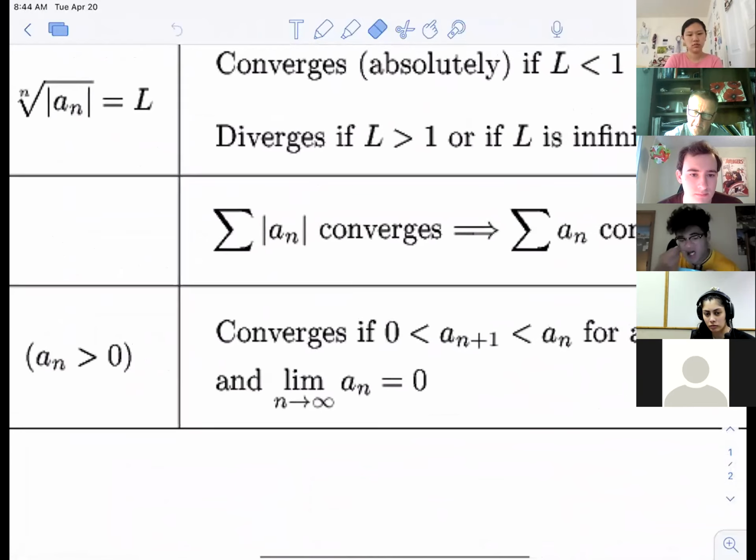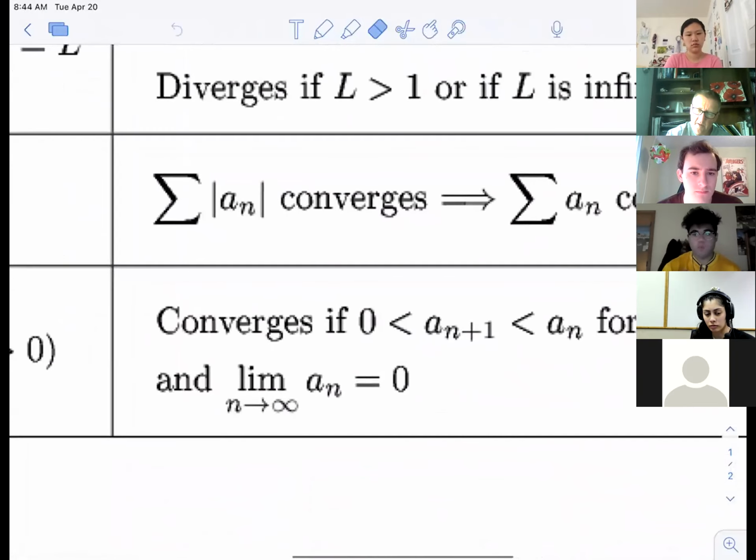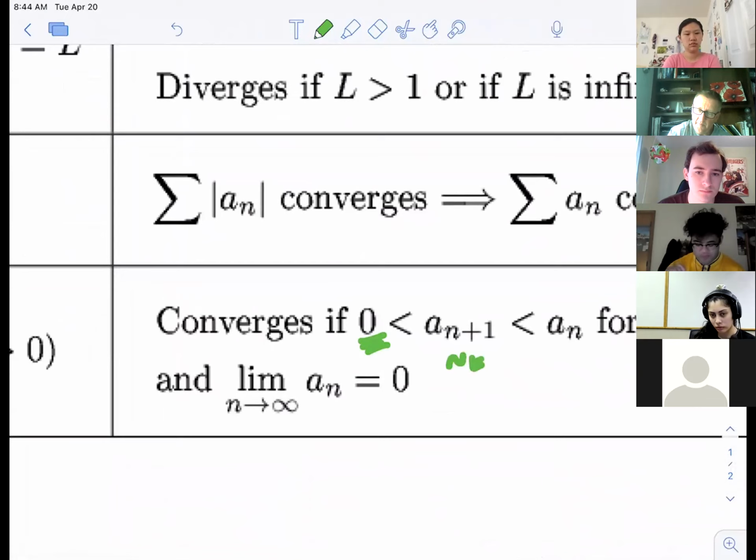Yeah, so let's take a look at this. It converges as long as all the terms are bigger than 0. They're always bigger than 0. And the next term is always smaller than the previous term.